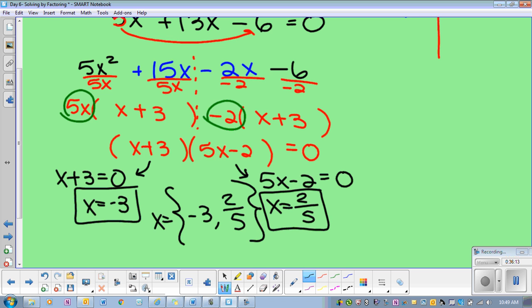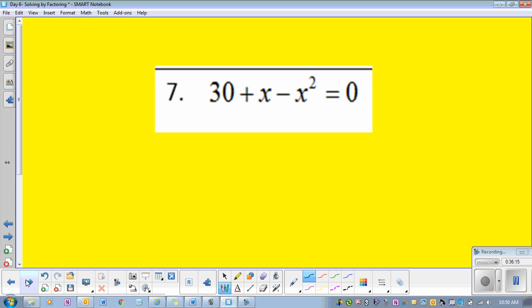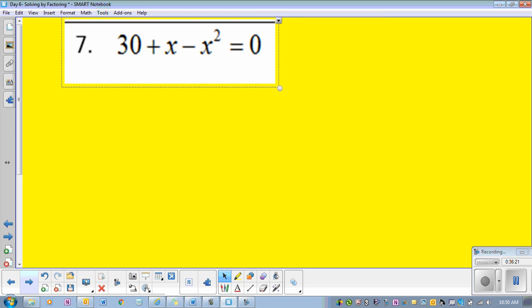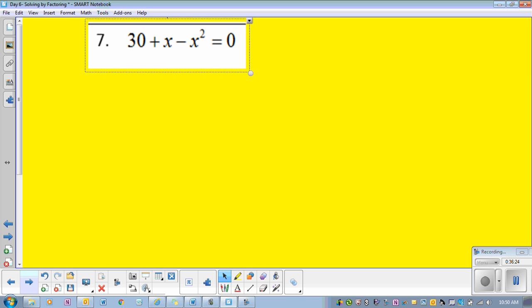All right, let's look at the next one. Okay, so this one is interesting. You know what? I don't like the way it's written. Why? It's backwards. It's not in standard form. So let's turn it back to standard form. This x squared, I'm going to circle it because I want you to see the sign on it.